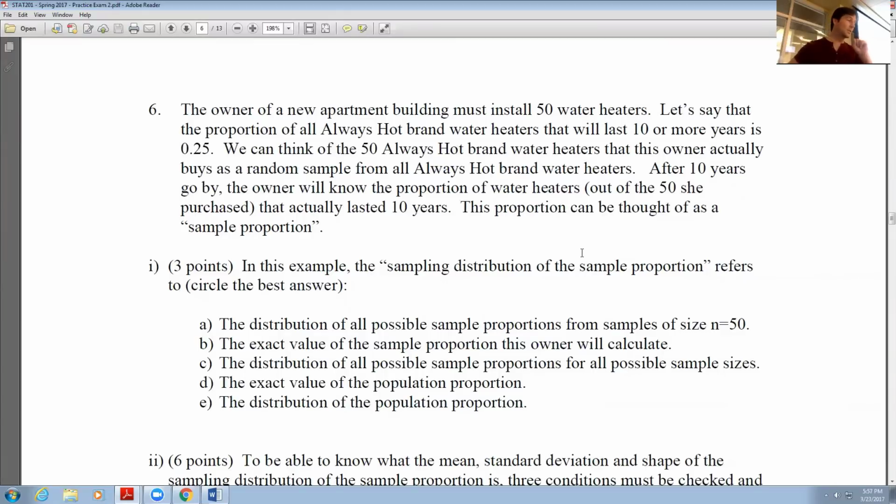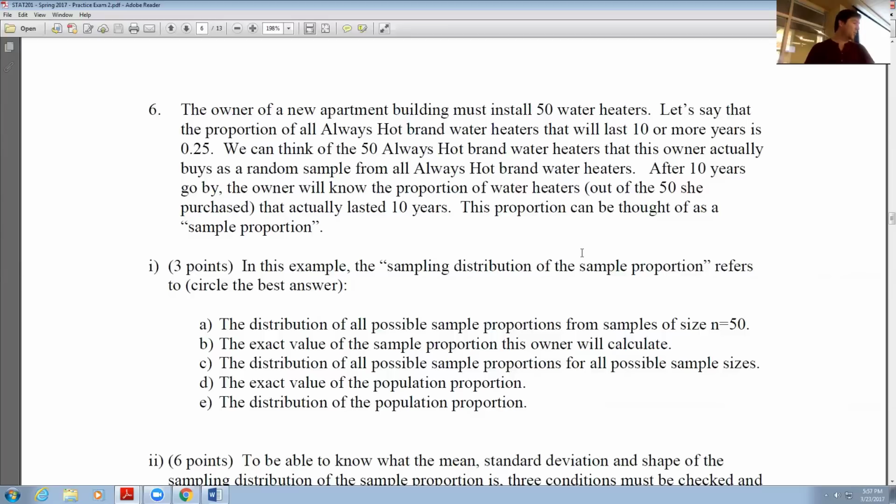After 10 years goes by, the owner will know the proportion of the 50 water heaters she purchased that actually lasted 10 years. This proportion can be thought of as her sample, because she took a sample, didn't she? She bought 50 water heaters, and we would expect that 25% of them last more than 10 years.